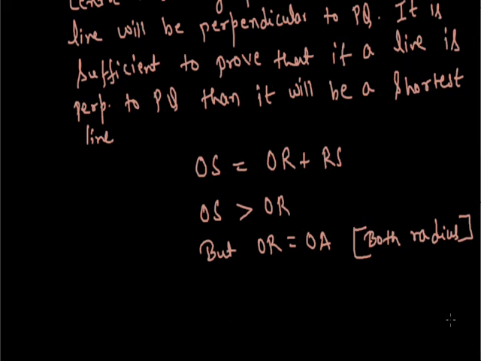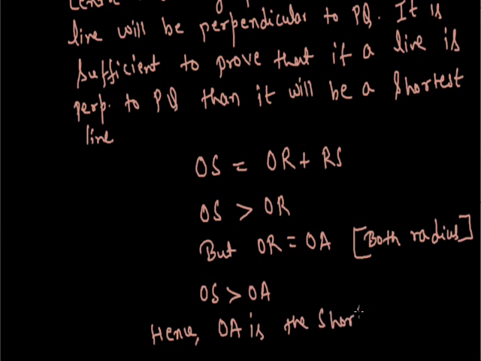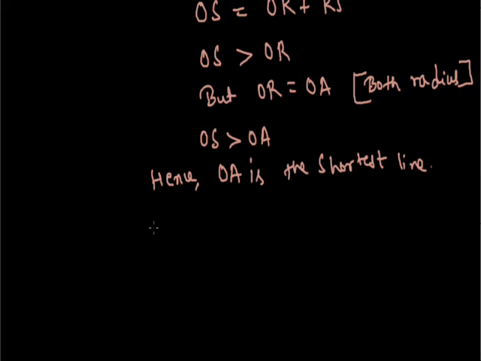It means OS is greater than OA. Hence, OA is the shortest line. So, OA is perpendicular to PQ. So, this is the proof.